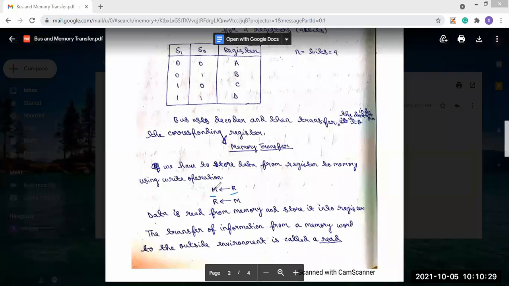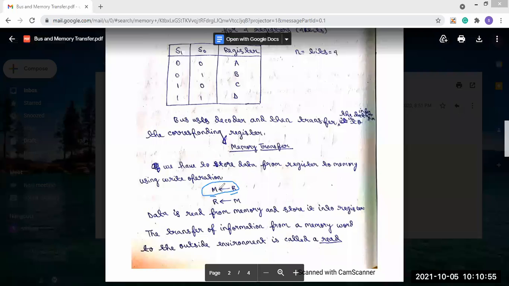Transferred into the memory means the data is going to the memory. That means the data is written in the memory. This operation we call the memory write, because the data that is present in the register is transferred to the memory.